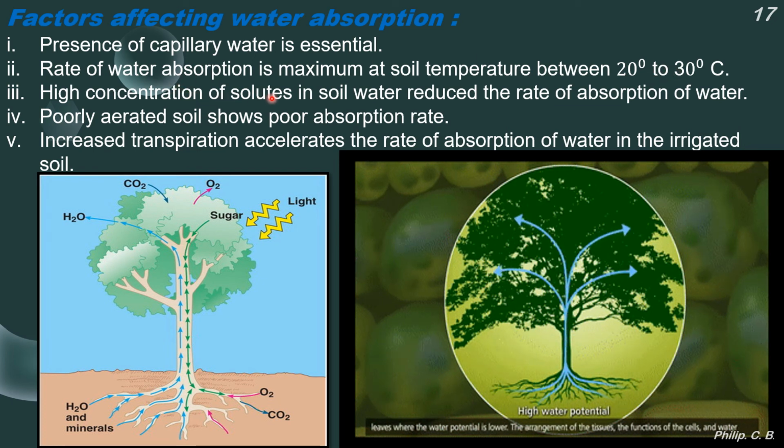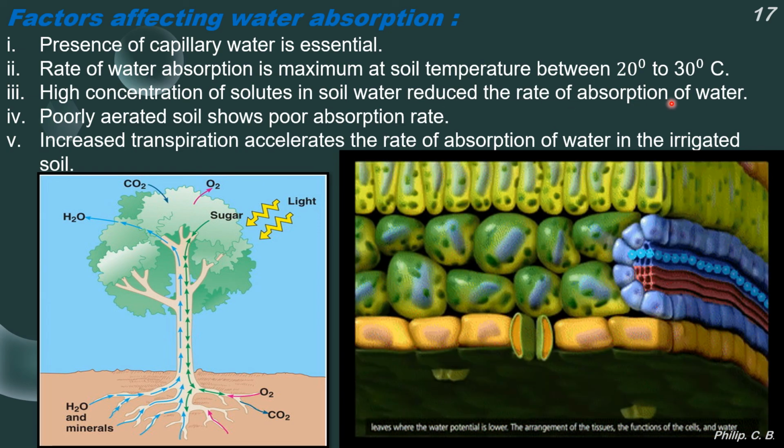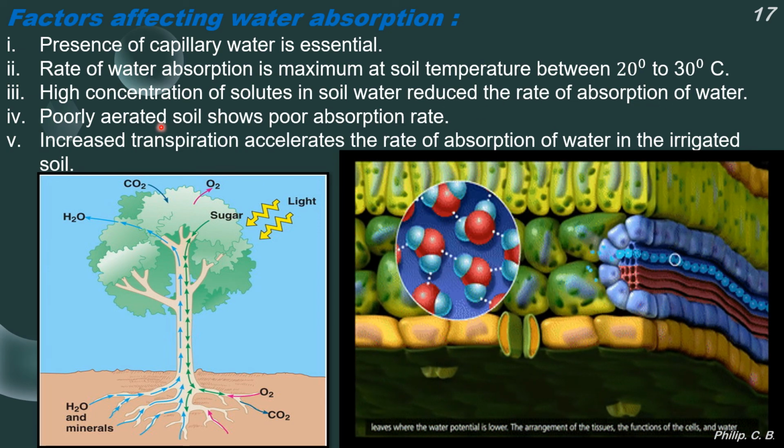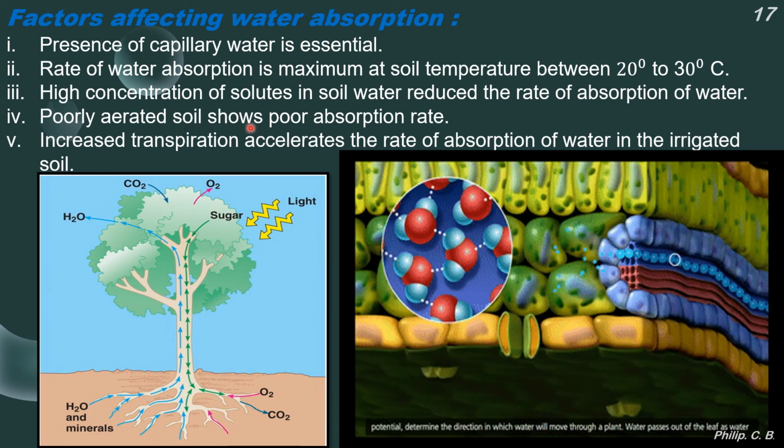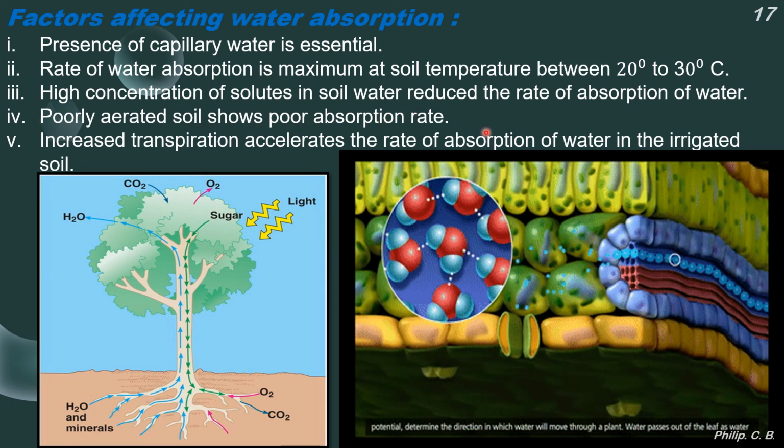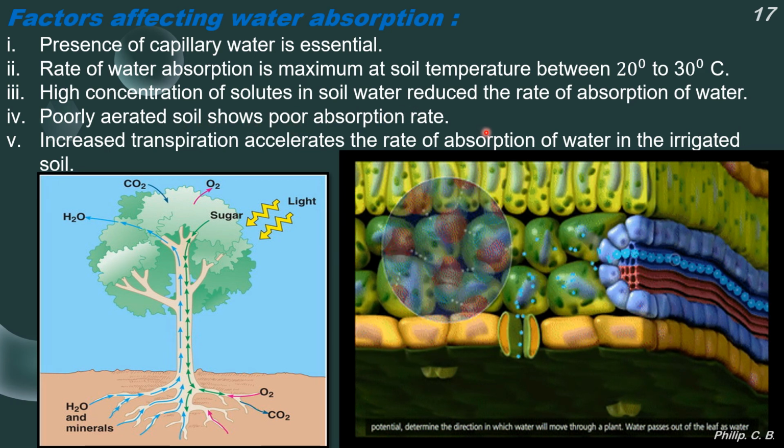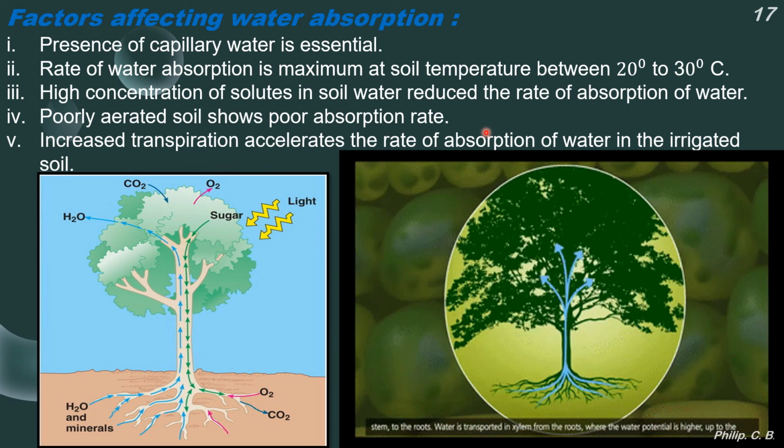Third, higher concentration of solute in the soil water reduces the rate of absorption of water. Fourth, poorly aerated soil shows poor absorption, because there is no availability of oxygen. In other words, if aeration is less, water absorption will also be less.